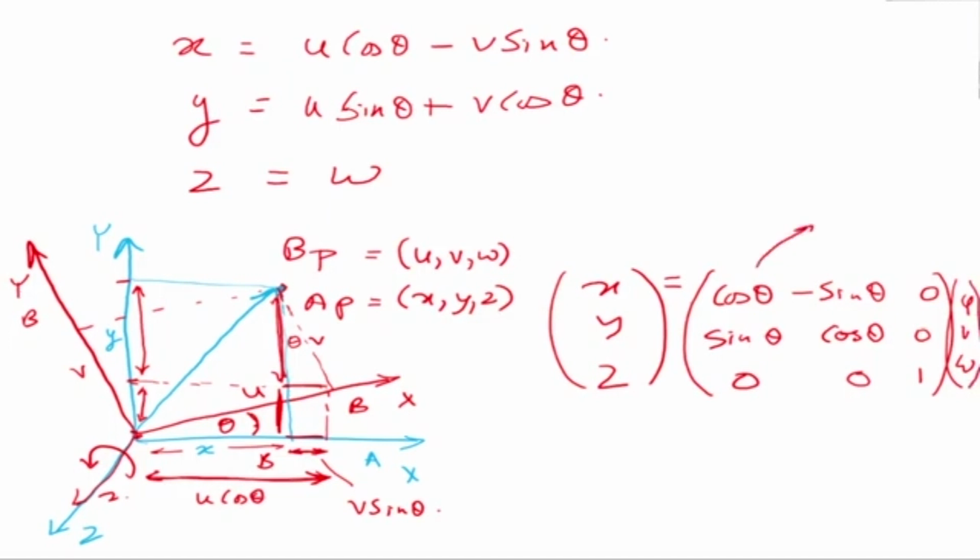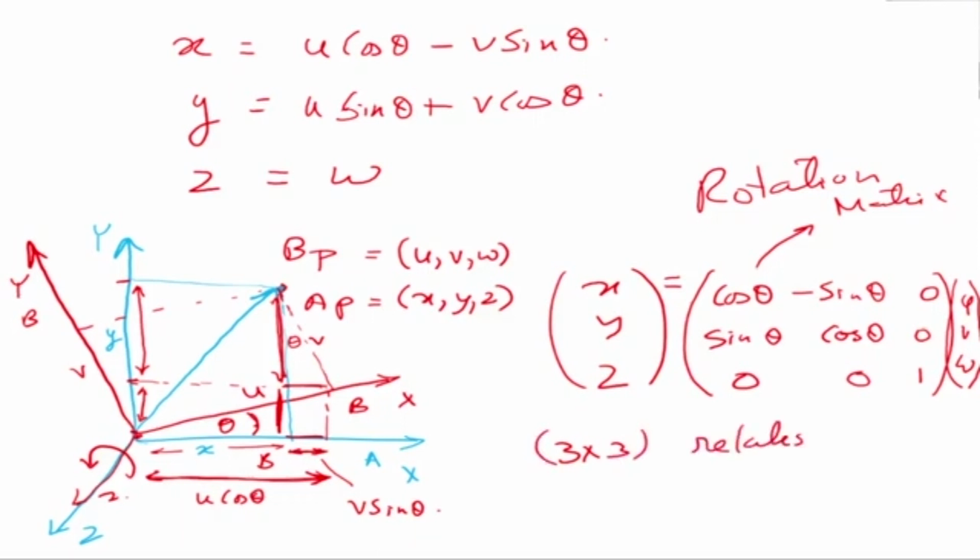Now this matrix is called the rotation matrix. What is the rotation matrix? The rotation matrix is a 3 by 3 matrix that relates the coordinates of a point in a rotated frame to the reference frame.